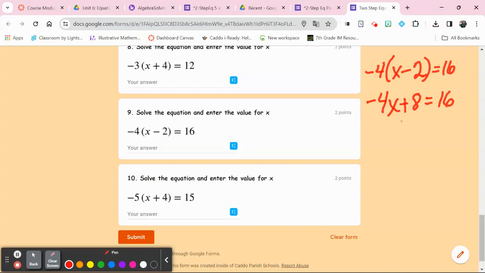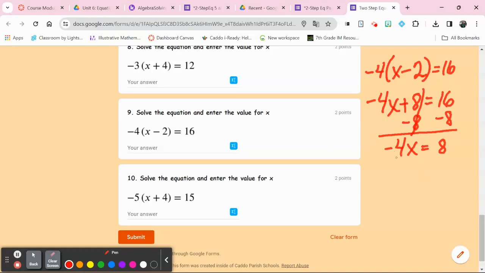All right, the opposite of adding 8 is a negative 8. I still have negative 4 times x equals 16, positive 16 plus a negative 8, different signs. I subtract. I have more negatives than positives, so it's 8.